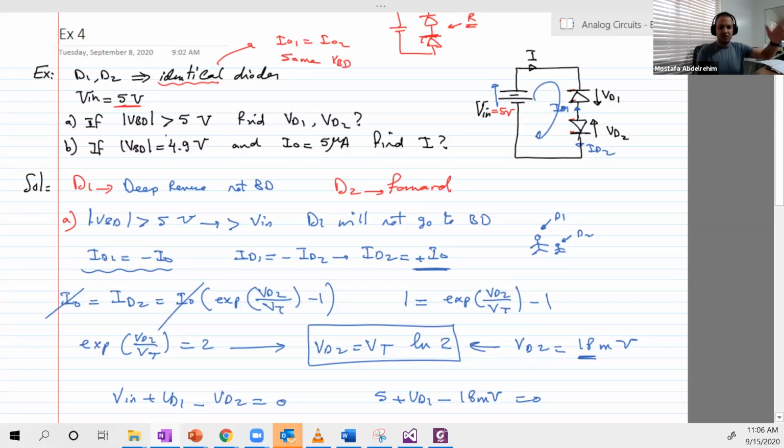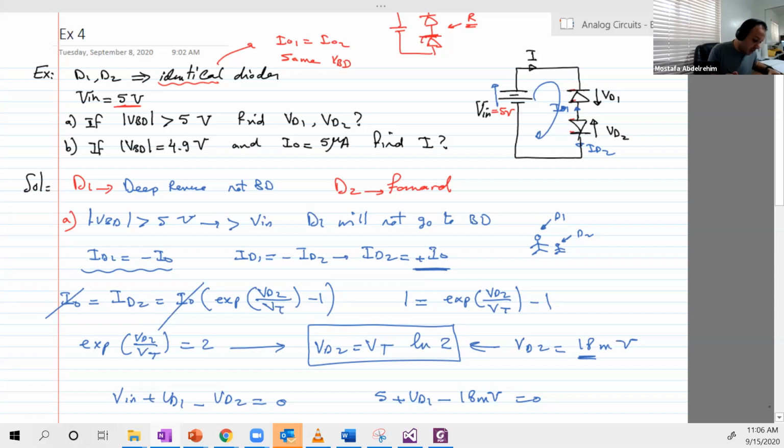Okay, and assume that D1 is in breakdown, so it must have minus 6 volts, rather than the discrepancy of having minus 6 as one of the elements of the circuit, and the input itself is only 5. Okay, you can continue and you will reach a conclusion that something is wrong, but do it yourself, as an exercise, not a homework, but you will find that this will be an incorrect assumption.